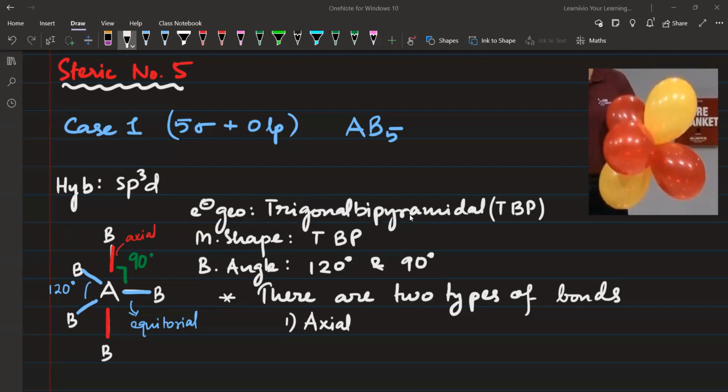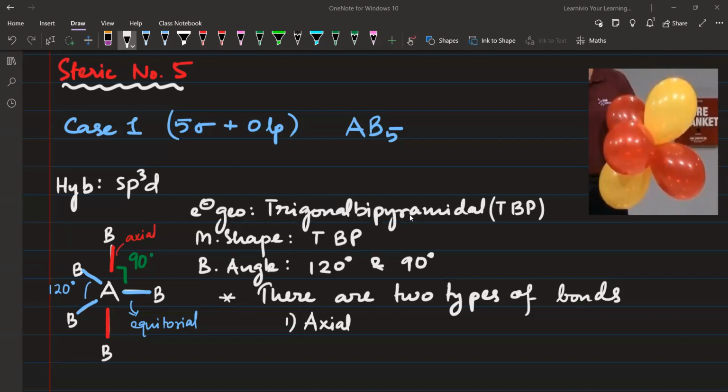Zainab, yes, okay, fine. So Zainab, how many axial bonds do we have? 2. And what will be the bond angle between axial and axial? 180. And if I measure the bond angle between axial and equatorial, how much is it? 90 degree.